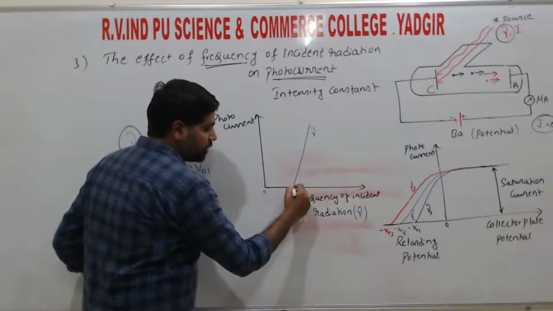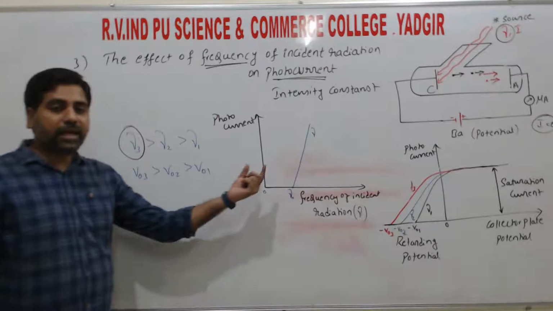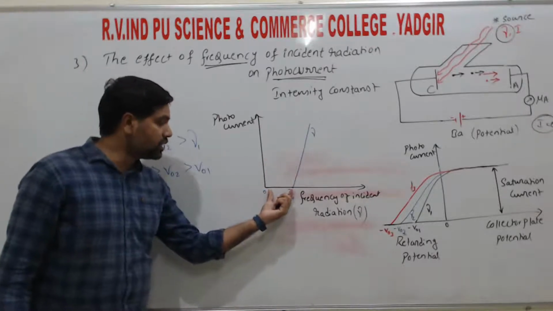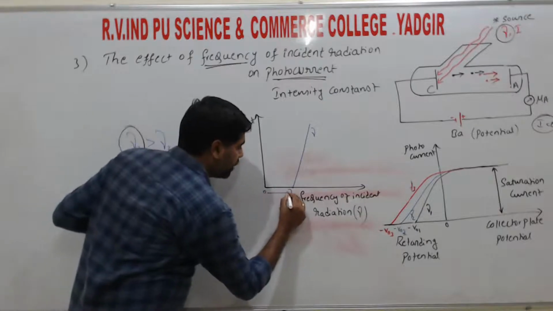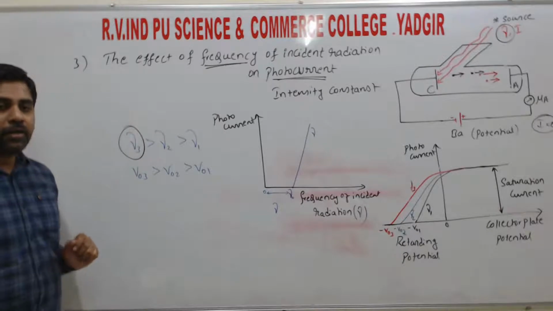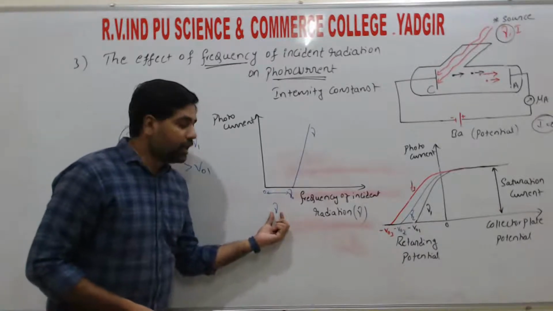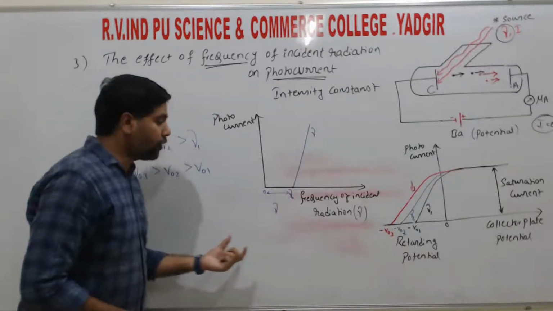So somewhere from 60 I am plotting this curve, that is a linear curve. This explains that from here to here we have the frequency nu, right? The frequency which is less than this is below the cutoff frequency.